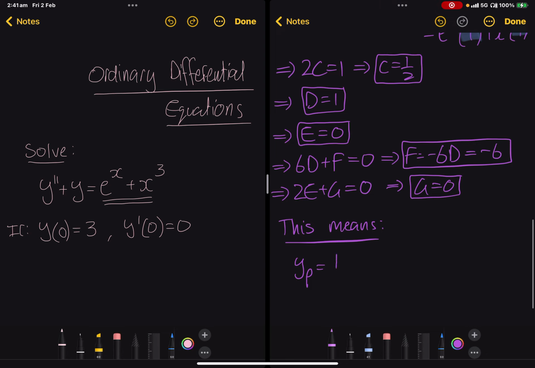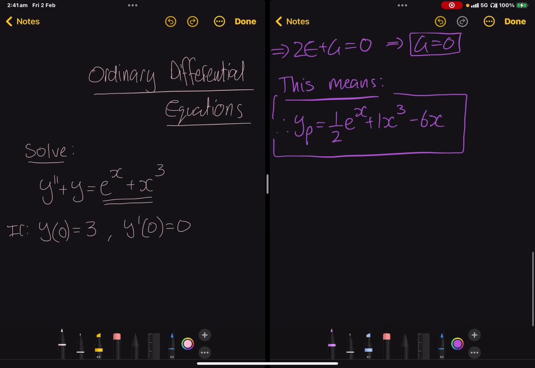So we get c e to the x, 1/2 e to the x, plus dx cubed, that's 1x cubed, plus ex squared, so there's no x squared, plus fx, so minus 6x, plus g. So this is our y particular in this case, with identified coefficients: 1/2 e to the x plus x cubed minus 6x.